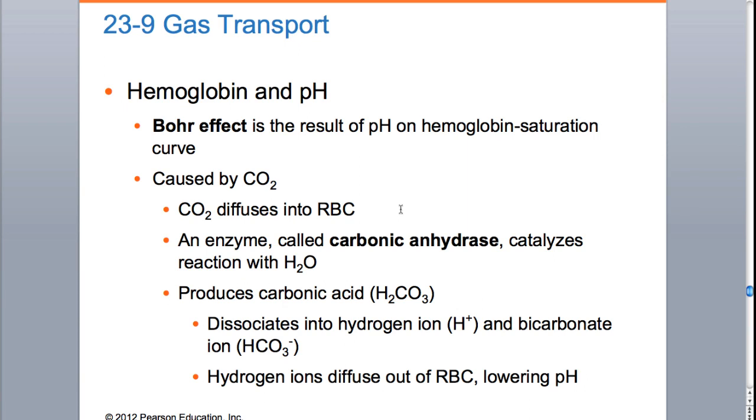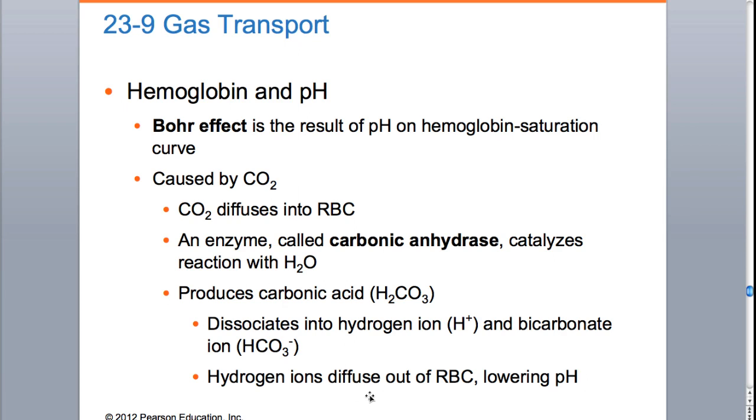So as more CO2 pops on to a red blood cell, here's what happens. We have an enzyme involved here called carbonic anhydrase. This carbonic anhydrase produces an intermediate step called carbonic acid. And then it says it dissociates into hydrogen ions and bicarbonate.